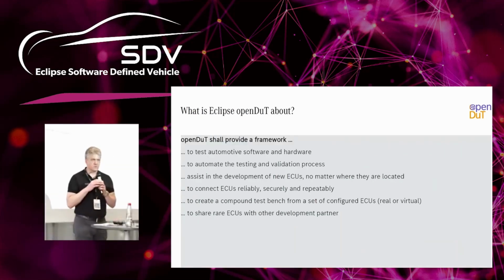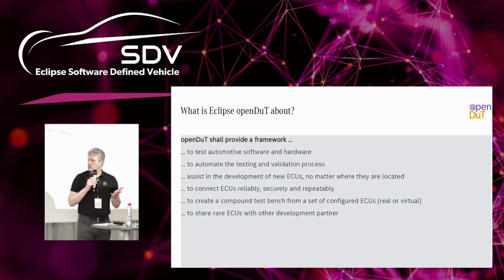So let me summarize what is openDuT all about. It is an open platform, a framework that will enable integration testing of ECUs, no matter where they are located. We have validation support. You can run test cases, automated tests on this openDuT network.